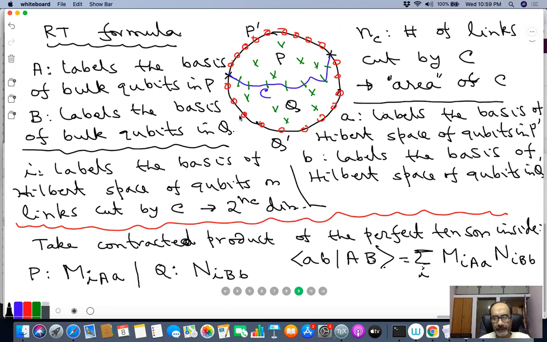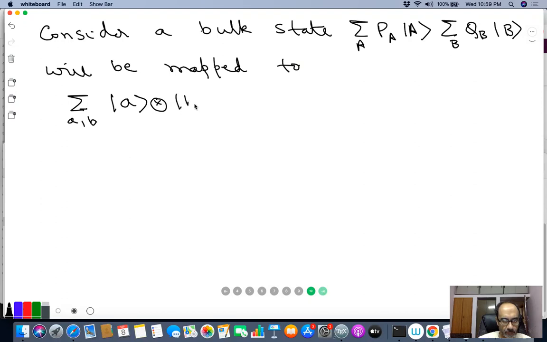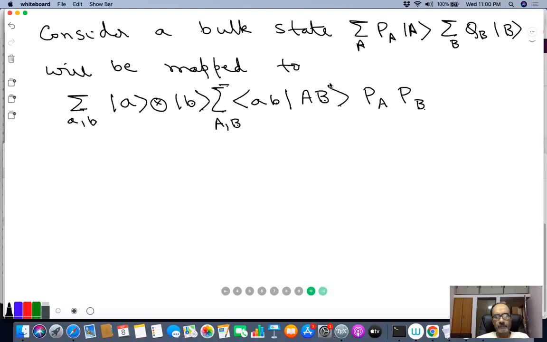And now ask, what does it map to in the boundary? That will be given by this. So this will be mapped to... because this inner product is basically telling us how the bulk states are mapped to the boundary state, right?